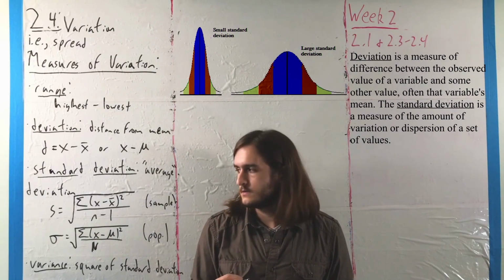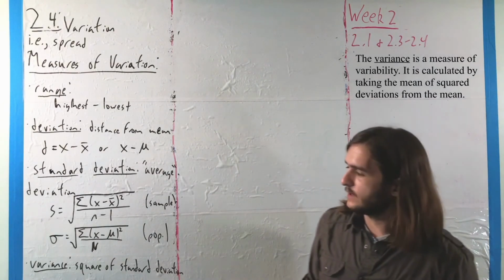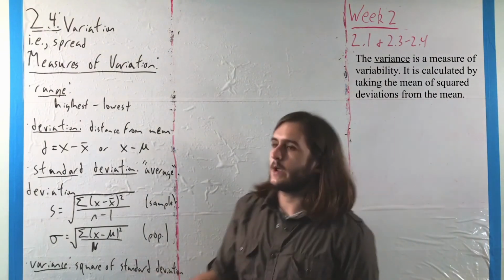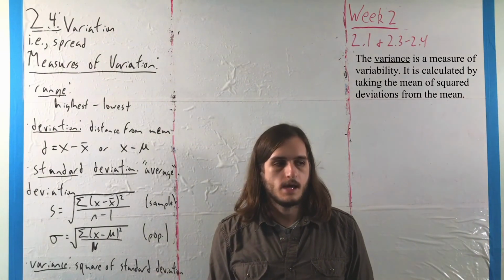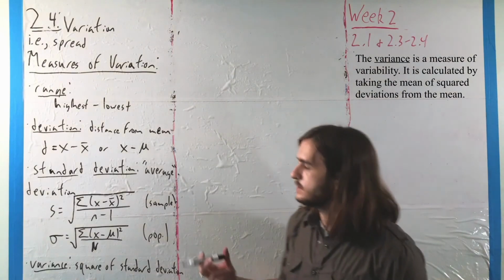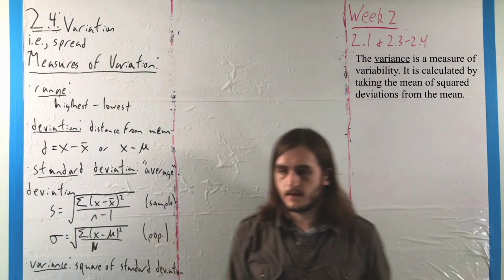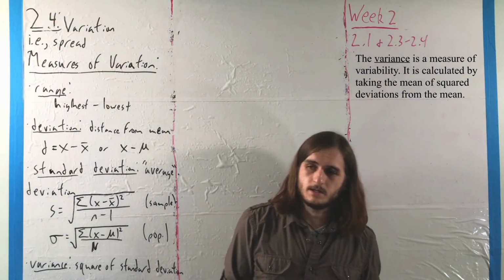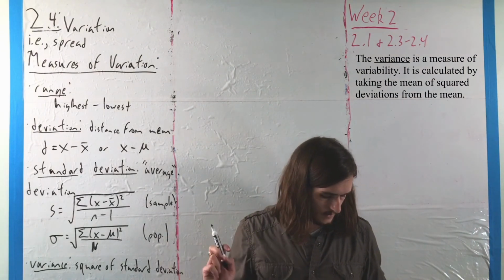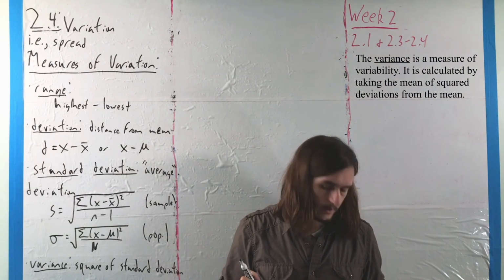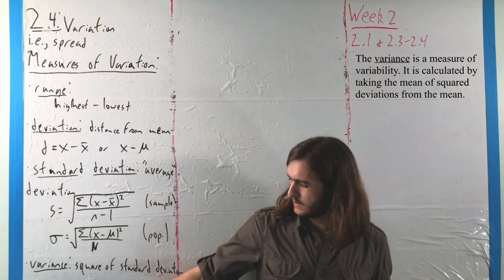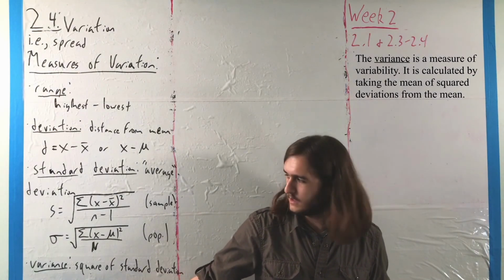And then from there, we can talk about variance, which is the square of standard deviation. And when you're going to compute this stuff by hand, you usually get the variance first. But an interesting thing happens with all of these squares and square roots, that the variance is kind of a unitless measurement.